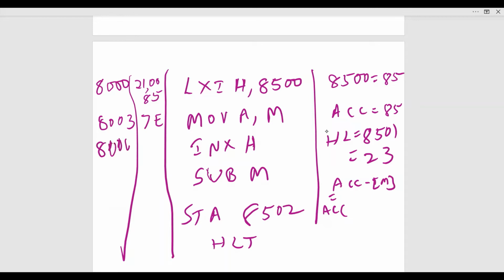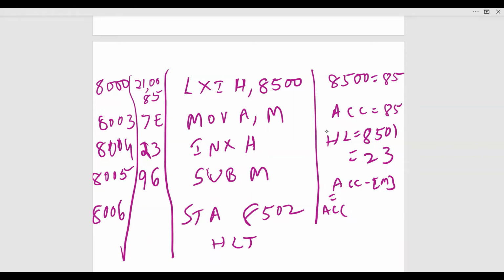INR H is a single byte instruction and its opcode is 23. Next, 8005. SUB M is also a single byte instruction because the operands are specified within the instruction itself, and its opcode is 96.